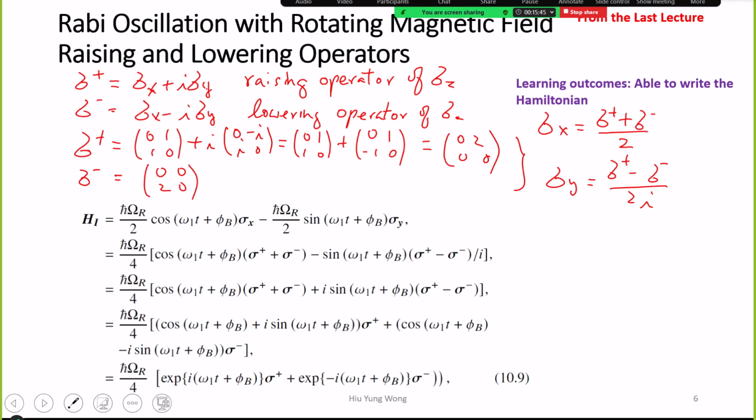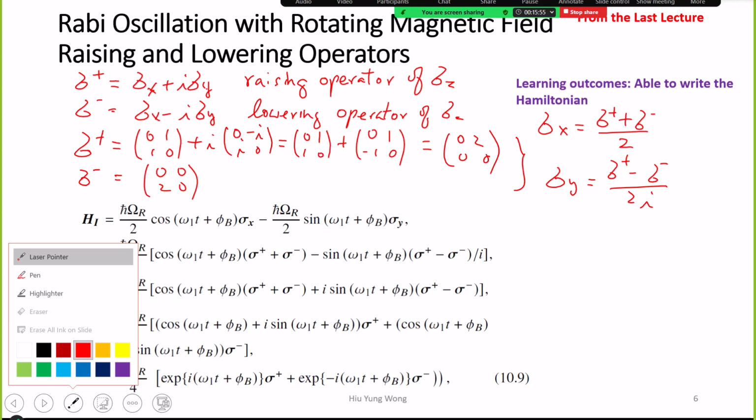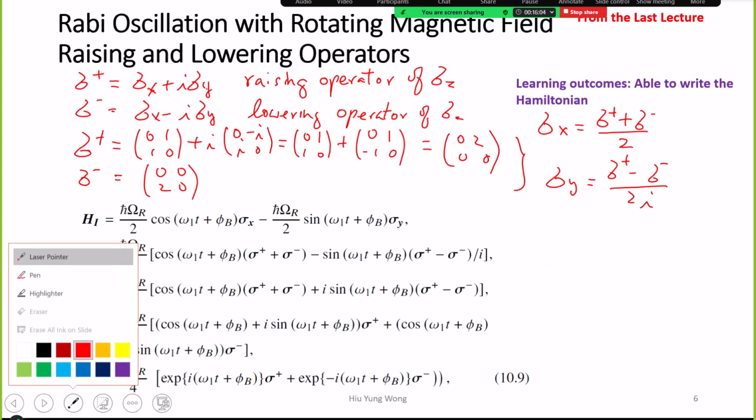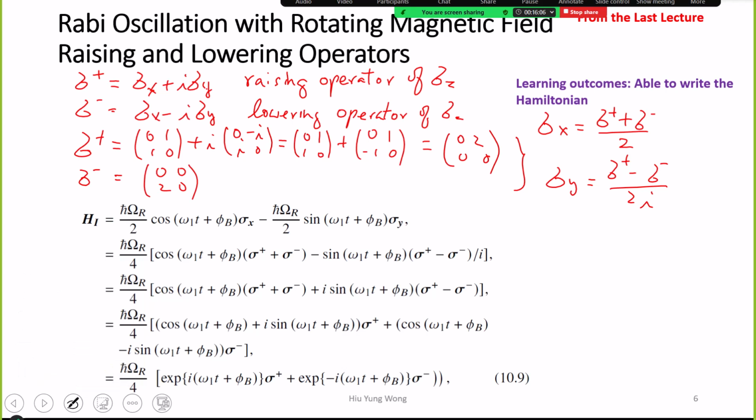Then we will do some math, and here is one skill that we will use commonly in quantum computing or atomic physics or whatever. We introduce a variable called sigma plus and sigma minus. Now here actually I was not clear.